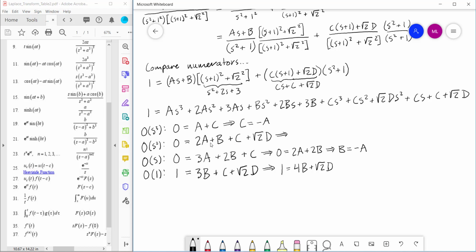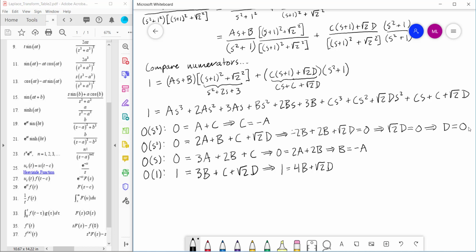So here's 2b plus 2a, but remember, a is the opposite of both b and c. So I have negative 2b plus 2b. Really, when I add all these up, I get 0 plus root 2d equals 0. But that's really just root 2d equals 0. But that tells me that d itself has to be equal to 0.